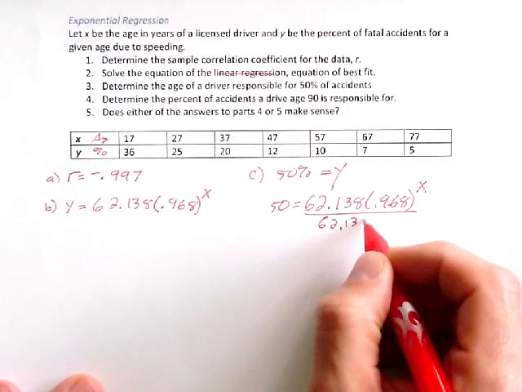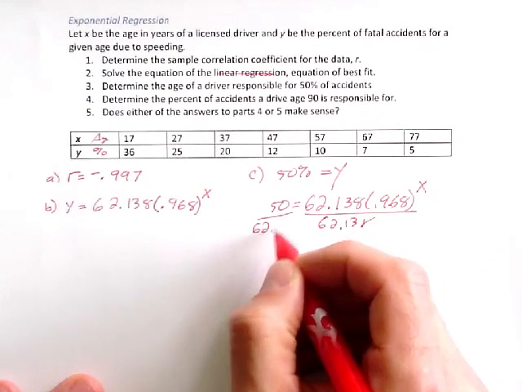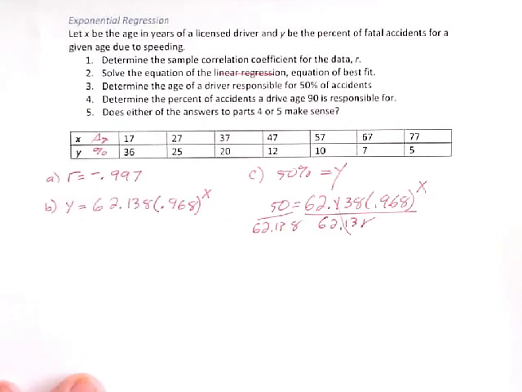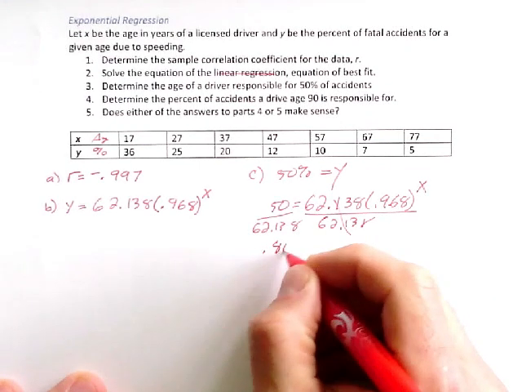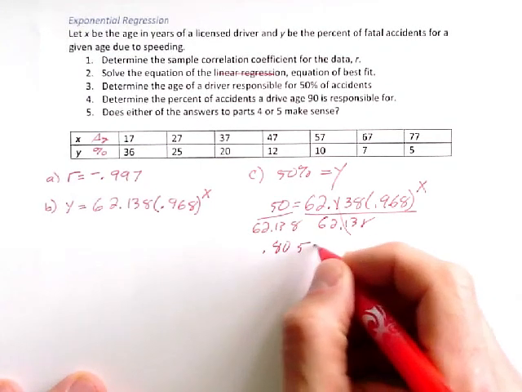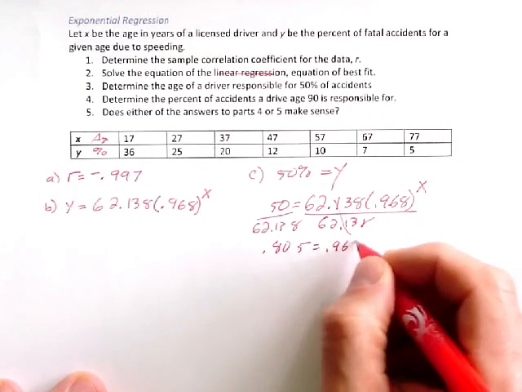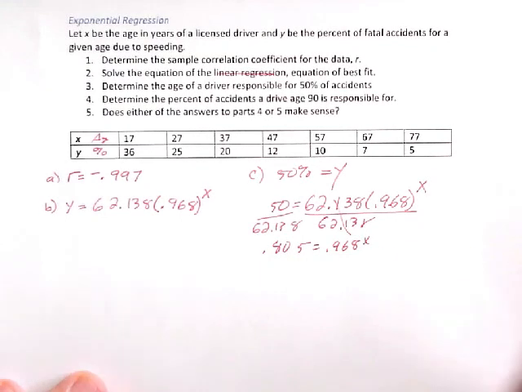So we're going to divide by 62.138. So 0.805 equals 0.968 to the X.